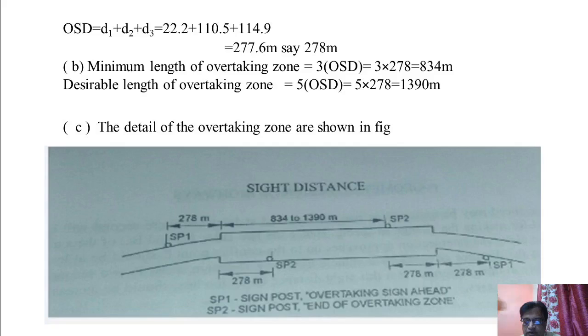Again, before it ends, you need to put a signpost at a distance of the OSD, that is 278 meters. So this is signpost 1, signpost 2, and this is signpost 1 for the vehicle coming from this direction, and this is signpost 2 showing the end.